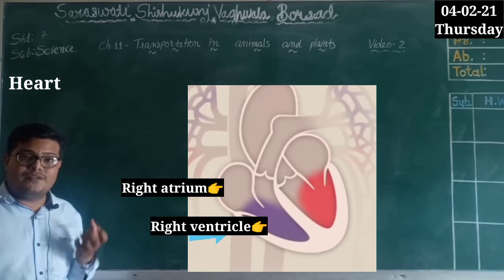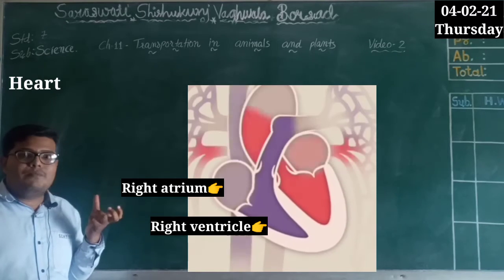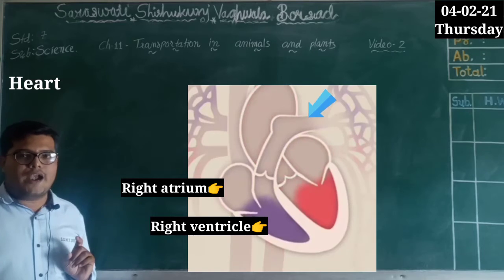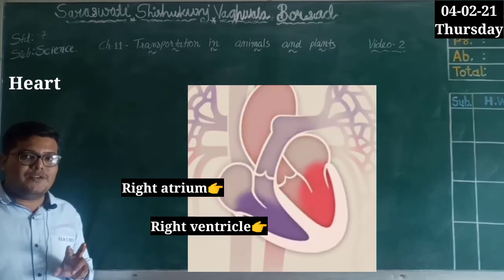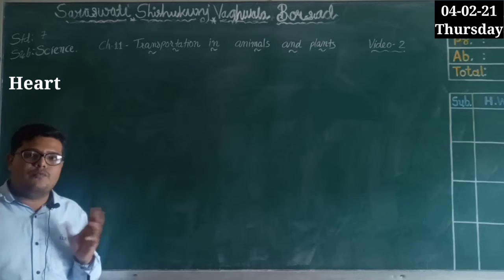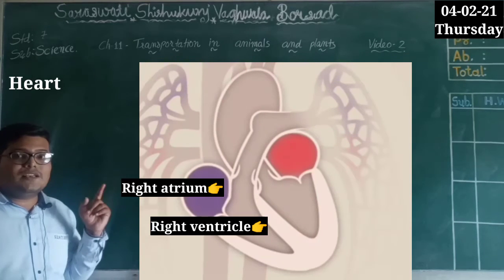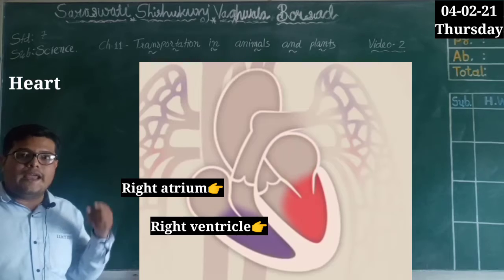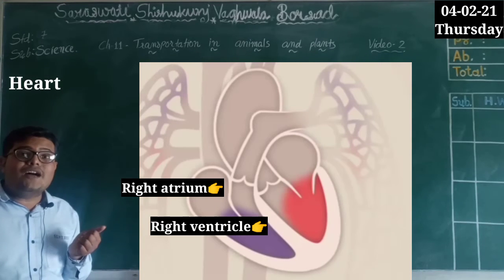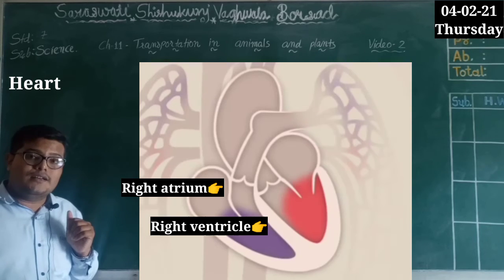When the heart contracts, the right side ventricle will pump the blood into the lungs through the pulmonary arteries. The work of the pulmonary arteries is to connect the heart and lungs, because from the lungs oxygen rich blood will come into the left side of the heart, and from the right side of the heart carbon dioxide rich blood will flow into the lungs.